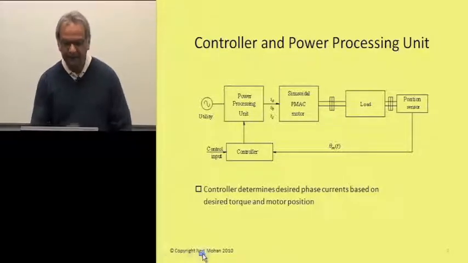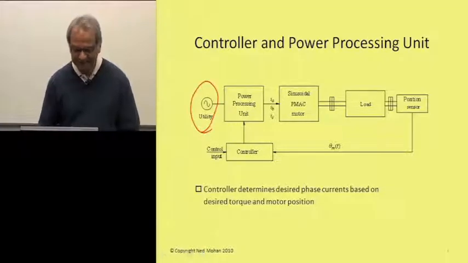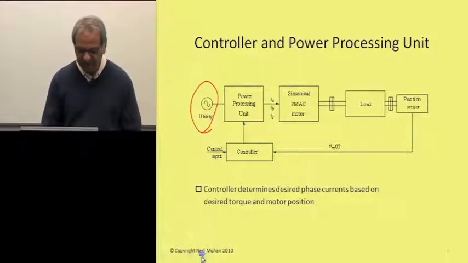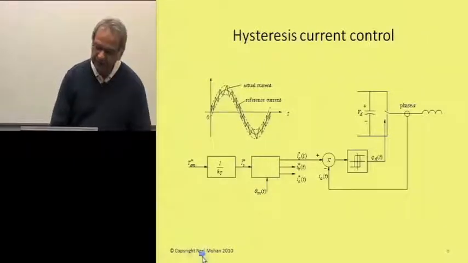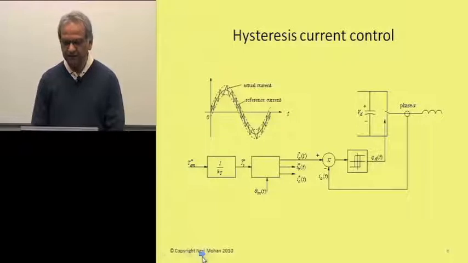These are supplied by this power processing unit, where the power is coming from, in most cases, the utility, but need not be, maybe through batteries over here. So in a very simplistic manner, we can show what is going on.